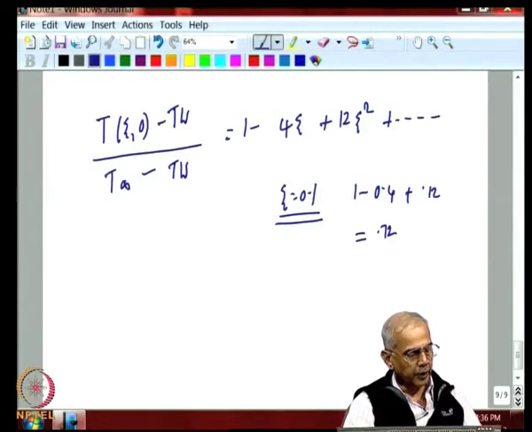Now, very often in radiation problems, we are just not satisfied with the temperatures, we also want fluxes.